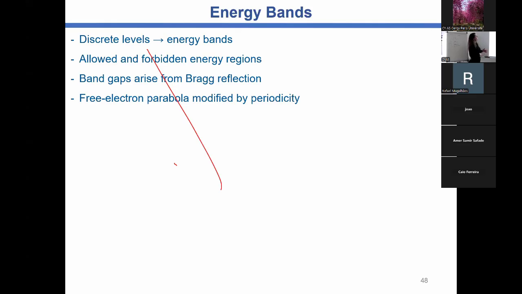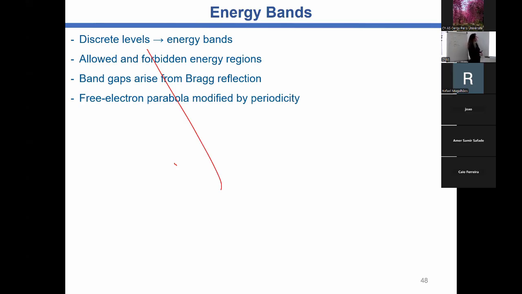We have some regions that have energy allowed and energy forbidden. And these regions come from the crystal lattices of the material; we can use them knowing the crystal structure of the material that you are observing.